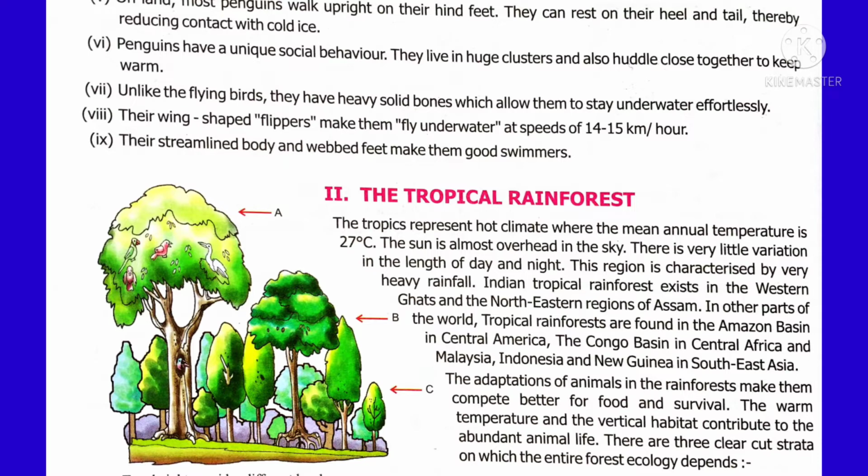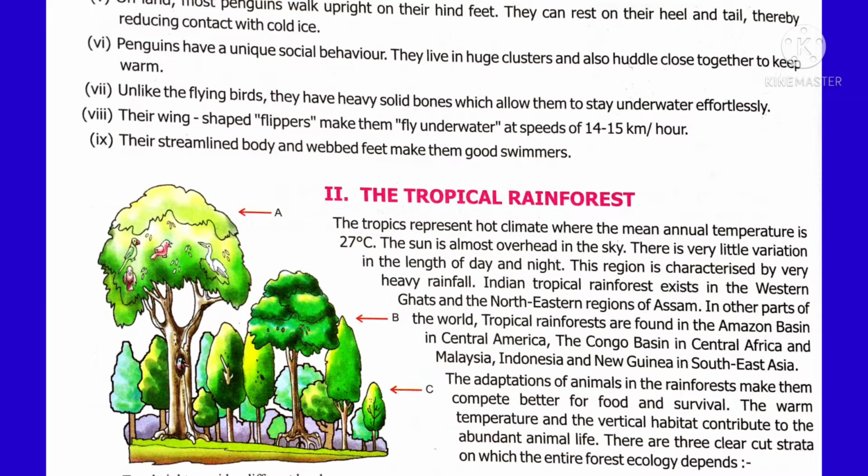Tropical rainforests are found in the Amazon basin in Central America, the Congo basin in Central Africa, and Malaysia, Indonesia and New Guinea in Southeast Asia. Here the climatic and weather conditions are well suited for animals to live, so we can find an abundance of animals here. Whereas in the polar region, we can find very few animals.